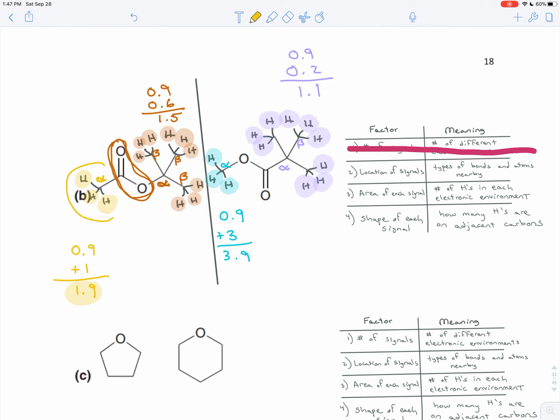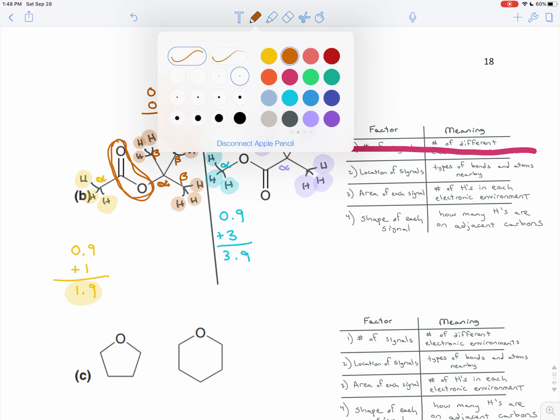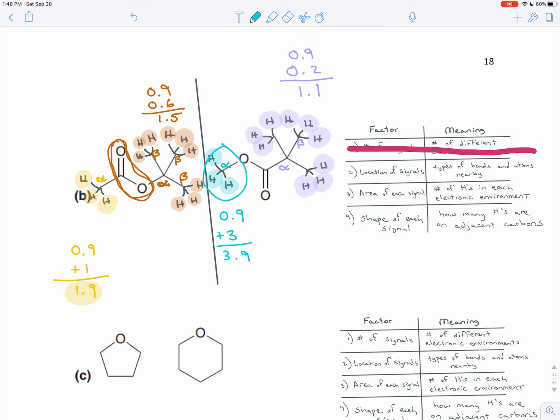So sorry about that little error. This methyl group is alpha to a carbonyl, so we added 1. These hydrogens are beta to an ester, so we added 0.6. These are alpha to an ester, so we added 3. And these are beta to a carbonyl, so we added 0.2.